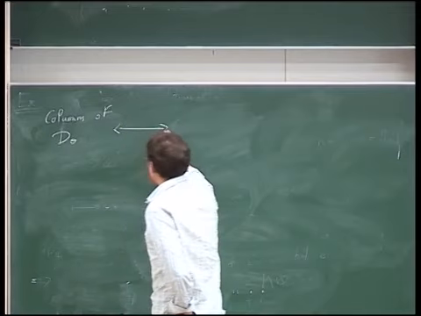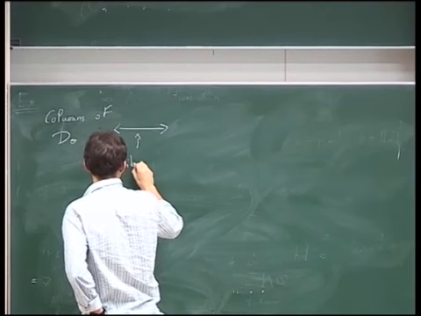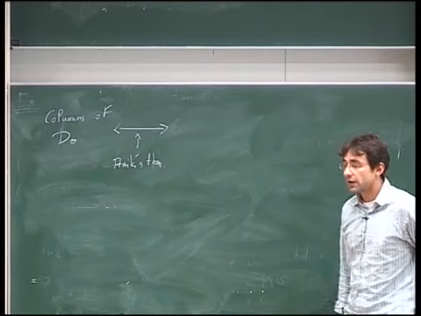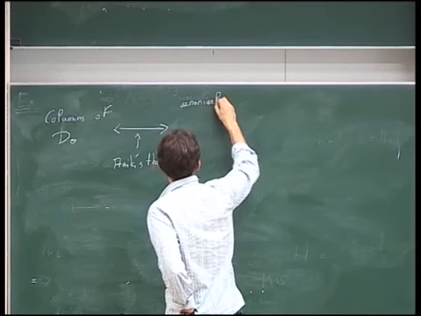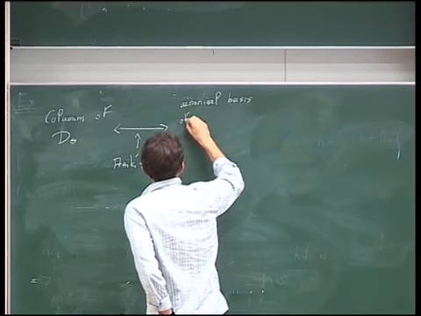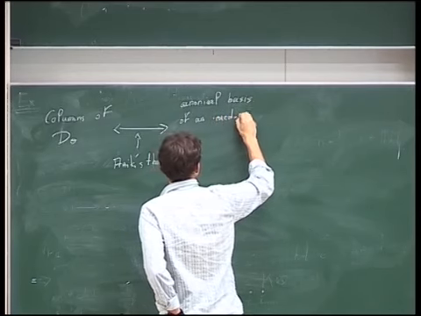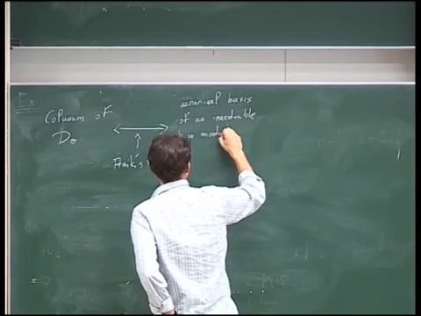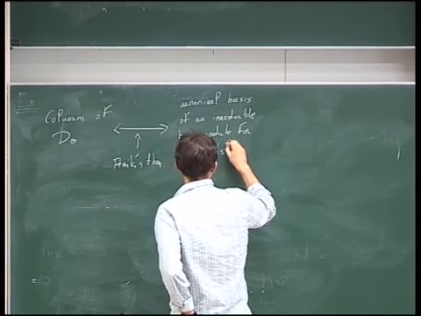And there is a very deep theorem by Hecke saying that these columns are given by the canonical basis of a certain irreducible highest weight module for this quantum group.